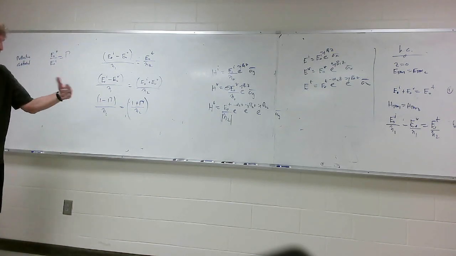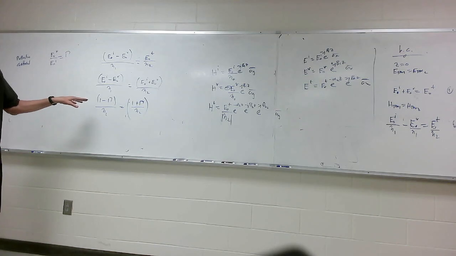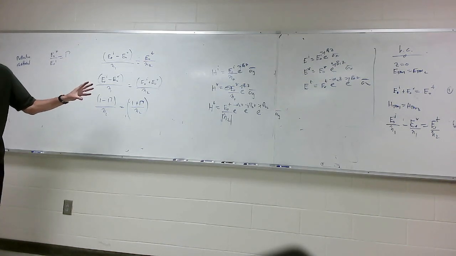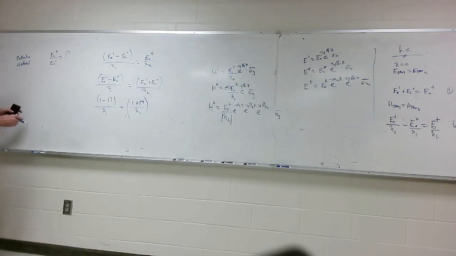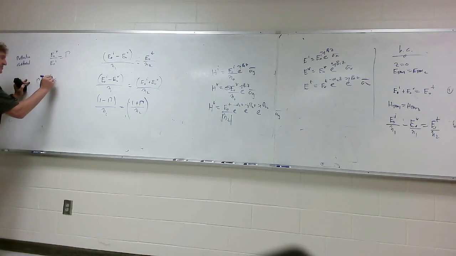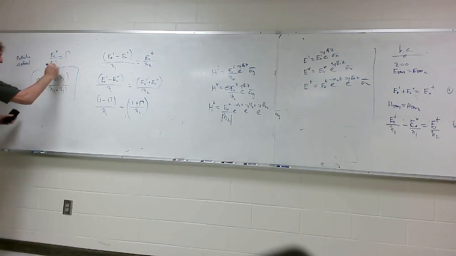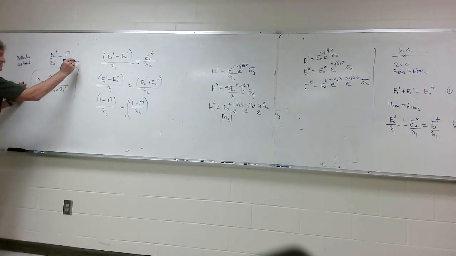Multiply both sides by eta 2, eta 1, and then gather the common term gamma, or the reflection coefficient, on one side. And what do you see happening? I know I'm about out of time. There's a reason it's this way. So you see it's eta 2 minus eta 1 over eta 2 plus eta 1. And this is the definition of the reflection coefficient.